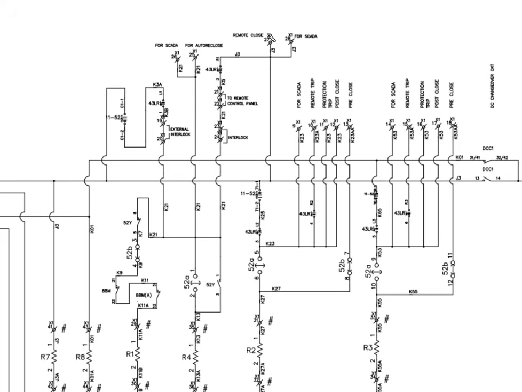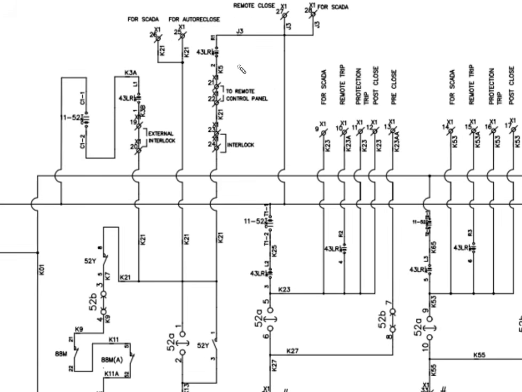Okay, so what happened is, to the remote control panel, you can see, okay, the positive that's coming from the remote close. So the positive becomes J3.